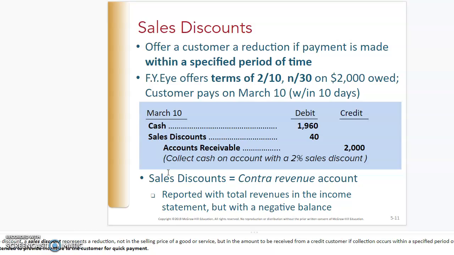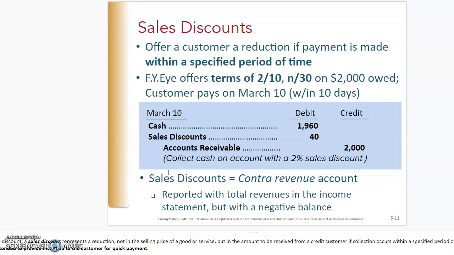Okay? As I said, with most business transactions, a lot of companies will give the customer, another business, 30 days to pay the balance. Now, some companies will offer discounts, sales discounts or sales terms, okay? And the terms there are 2/10, N/30. That reads 2/10 net 30.